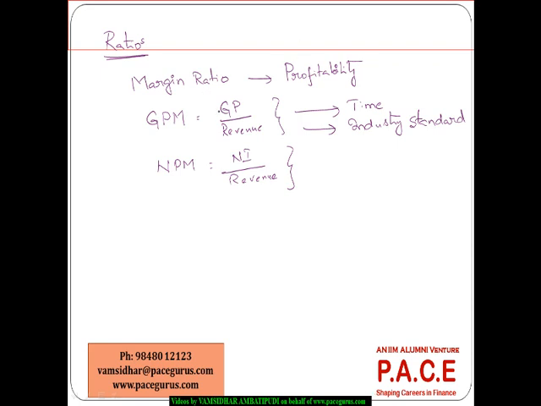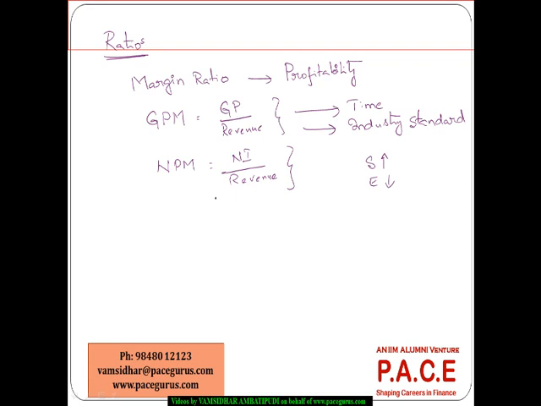So if the gross profit margin has gone up, I could very clearly assess whether it is because of the revenue going up or because of the expenses going down. Such clear-cut understanding and evaluation can be done by computing the ratios on a broader scale.